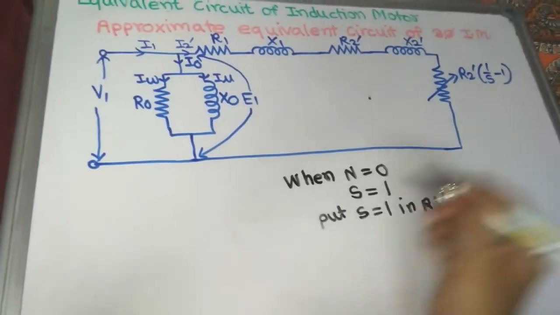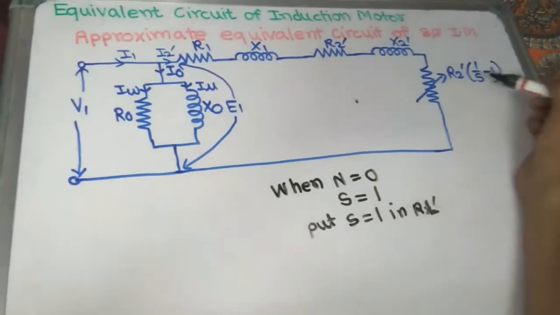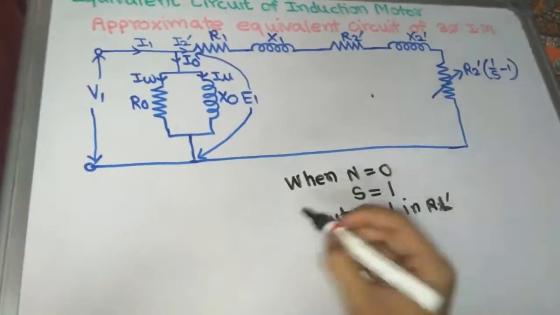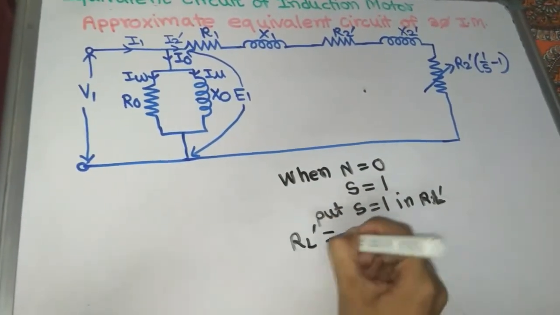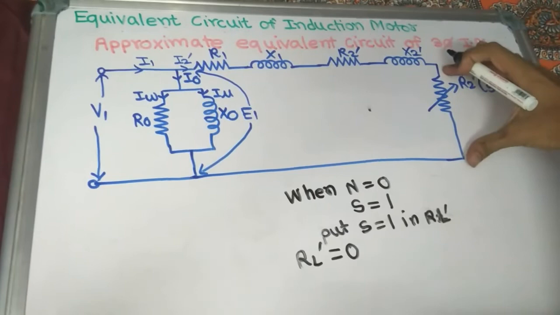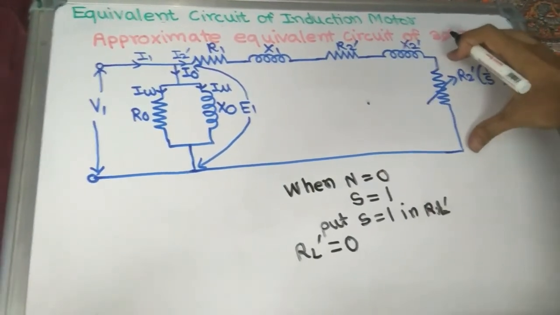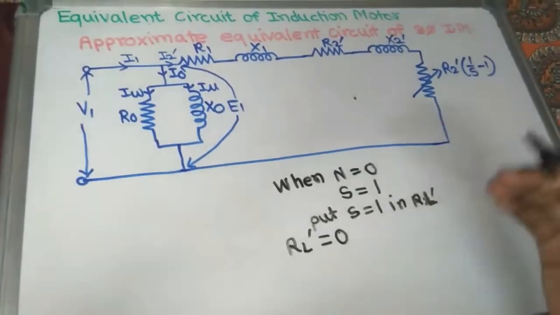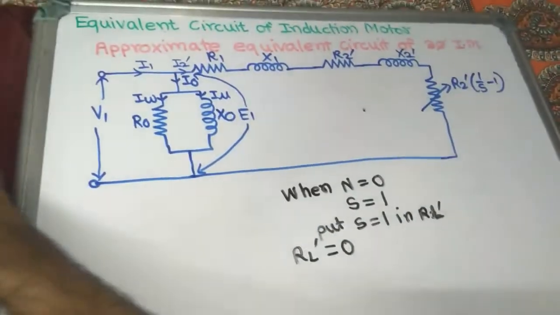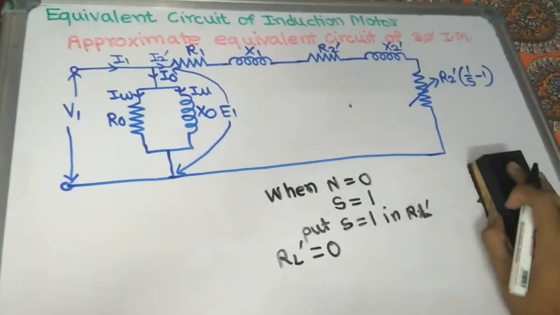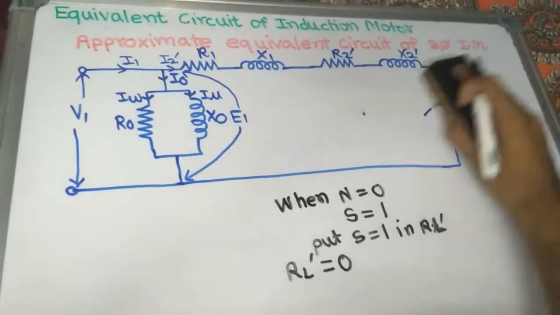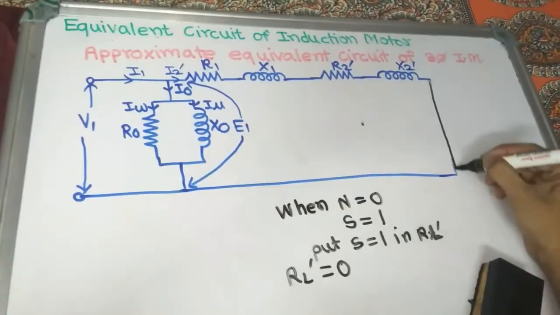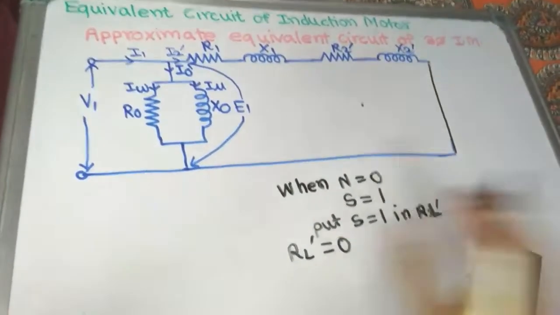If we put S equal to 1, then 1 by 1 minus 1 means 0, so RL dash tends to 0. This means no resistance is to be inserted in the rotor winding at the time of starting. So by analyzing this, we can say that the secondary winding is treated as a short circuit path in the case of starting.